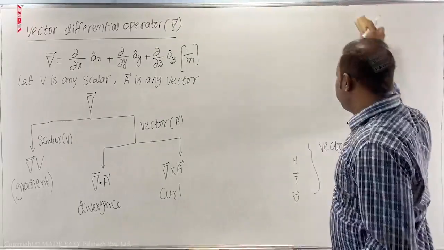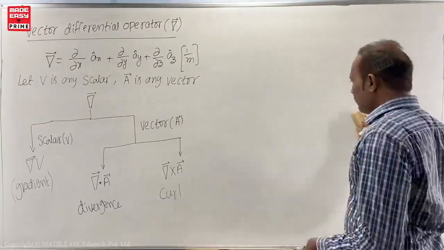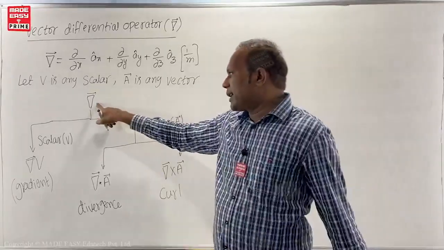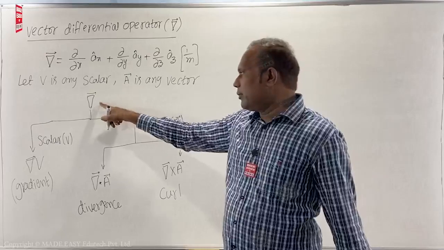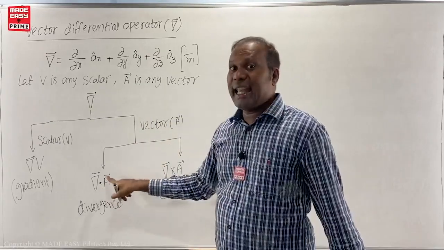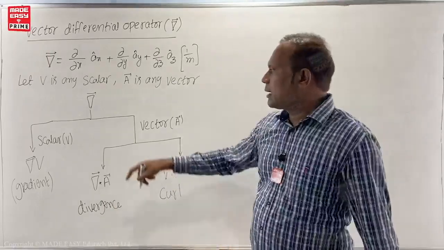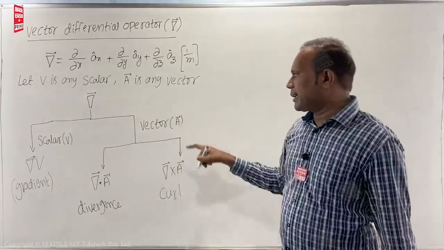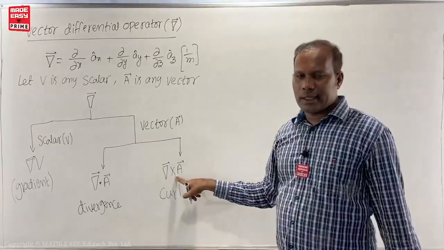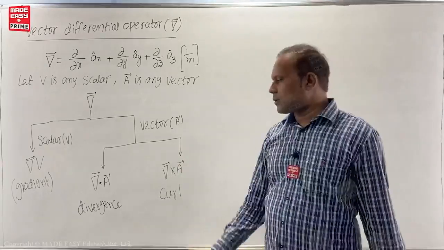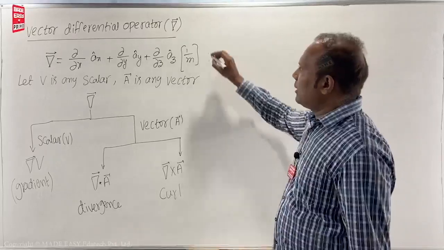Now dear students, this is a vector, and if you take the dot operation then you get a scalar. Scalar means no direction, and that is called the divergence operation. This is a vector and this is a vector. If you take the cross operation, the result is also a vector, that is called the curl operation. So a total of 3 operations are there.